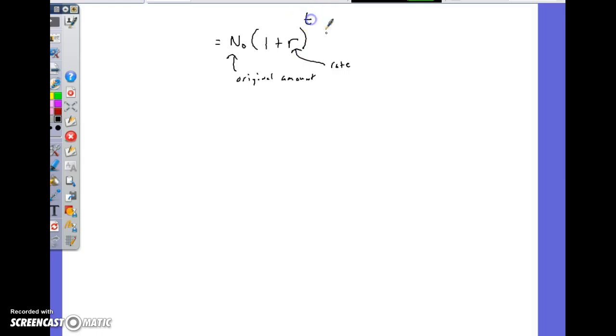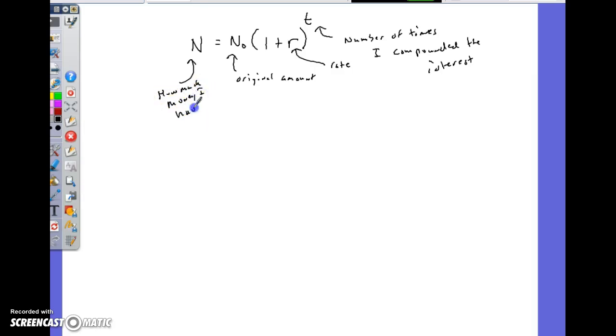So that's T, and this would be the number of times I compounded the interest. Okay? And that would be equal to how much money I have. So far, so good. So that's a generalized formula.